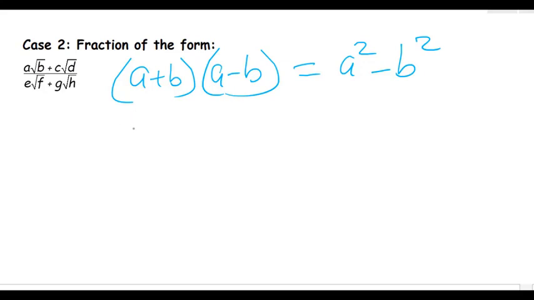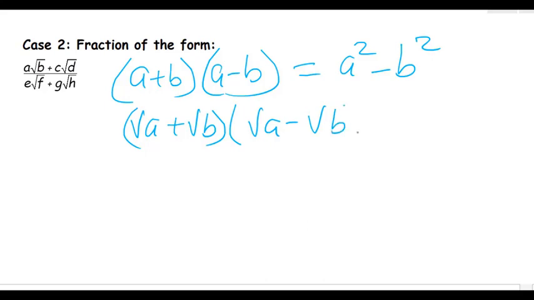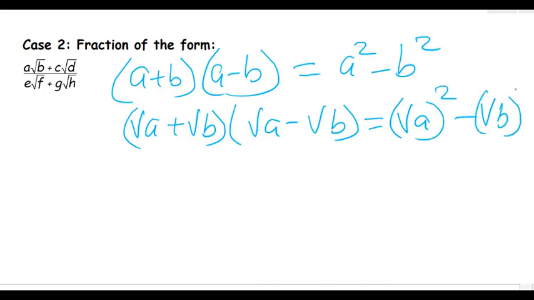And in our case, we can now take the root values. We are going to have root of a plus root of b multiplied by root of a minus root of b. This is equal to root of a everything squared minus root of b everything squared, and this will simplify to a minus b.